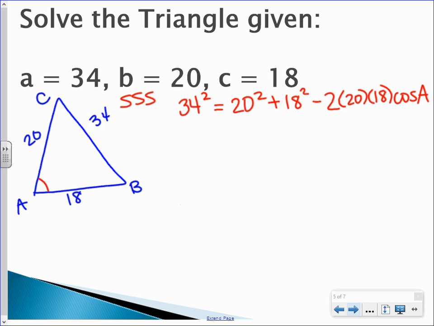Everyone in your calculator, I want you to work on getting to what angle A is. When you get an answer, compare it to your neighbors.